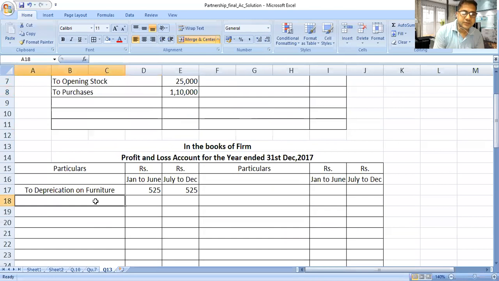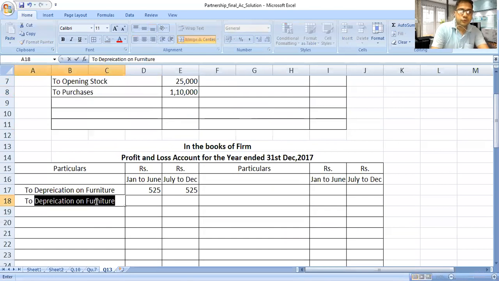The general expenses we have to write: to general expenses 5,200. We have added 800.